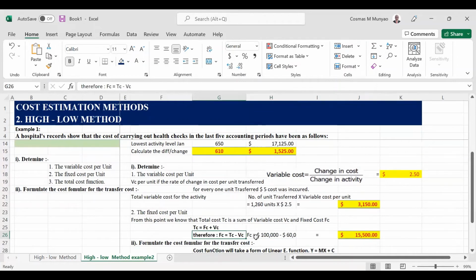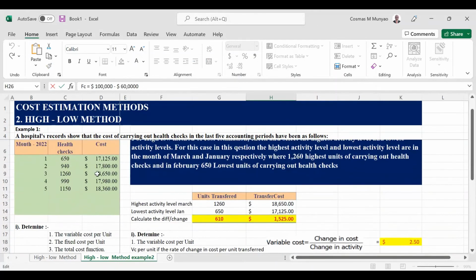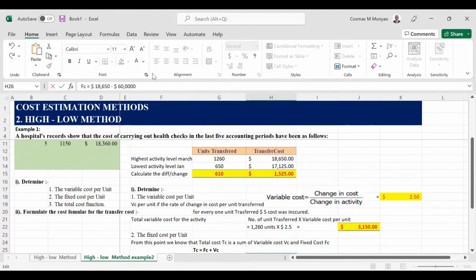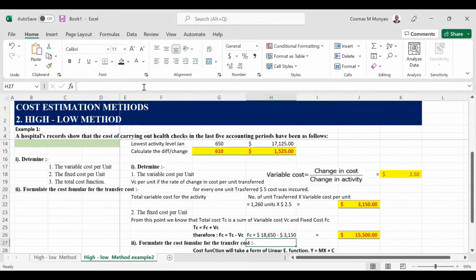Let me show this one. In this case, you will take the same value, 18,650 US dollars, and less the variable cost, which is 3,150 US dollars.